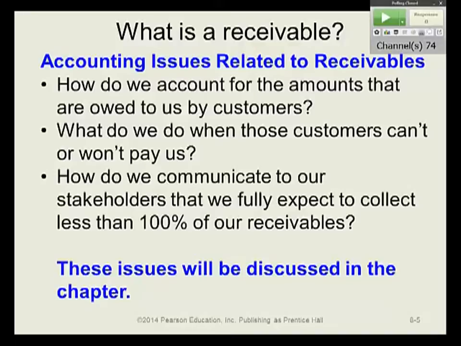So what we need to worry about is going to be accounts receivable, and the issue here is valuation.